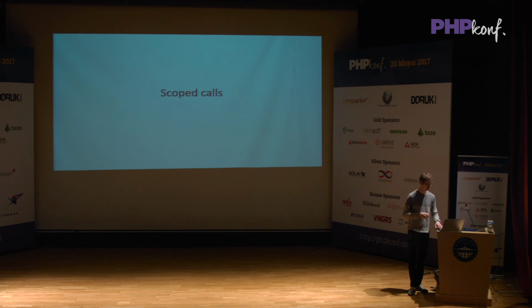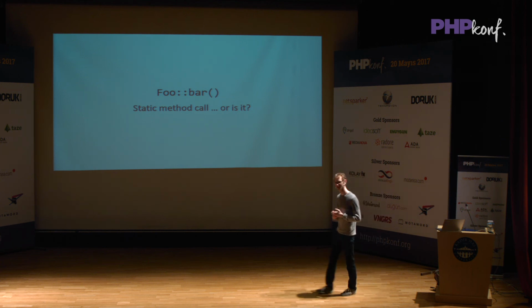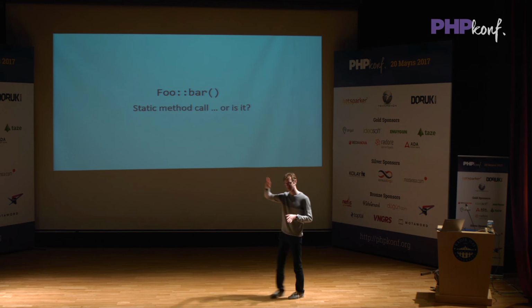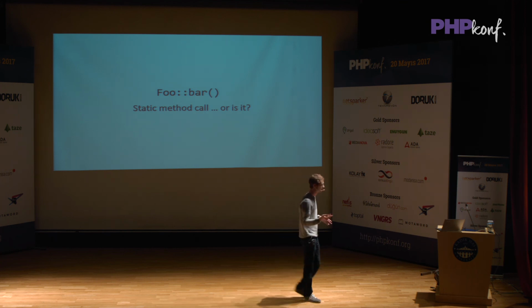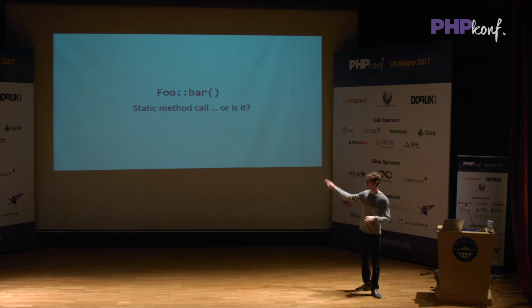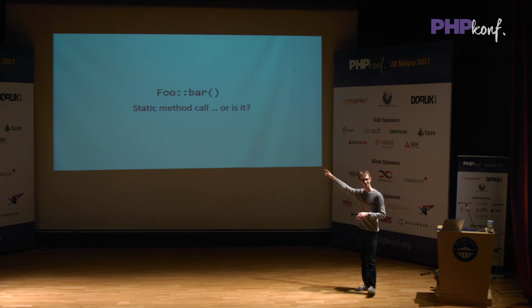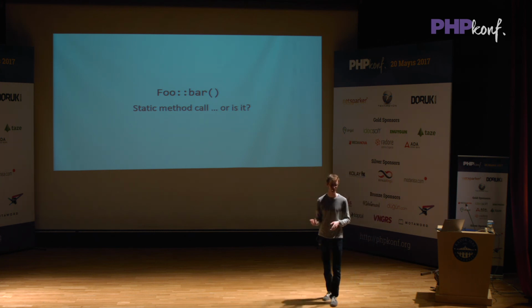So here we have something that looks like a static method call. So usually if you see class name, double colon, method name, that's a static method call. The thing is, the double colon in PHP is not called static access operator, it's called scope resolution operator. And there is a reason for that name.